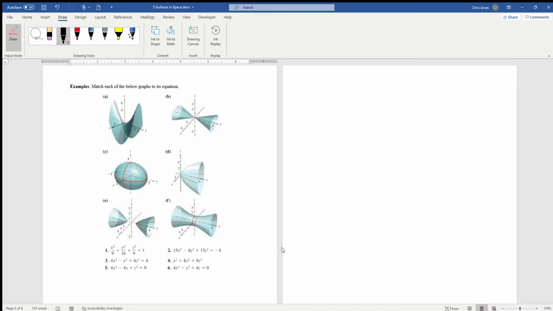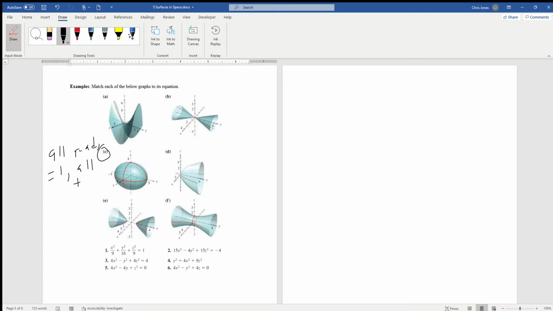Some of these are extremely easy. Let's take a look at some of the easier ones. One of the easiest I find is to start with the ellipsoids. So let's start with C. And remember, an ellipsoid is all quadratic. We have it set equal to 1, and all the terms are positive.